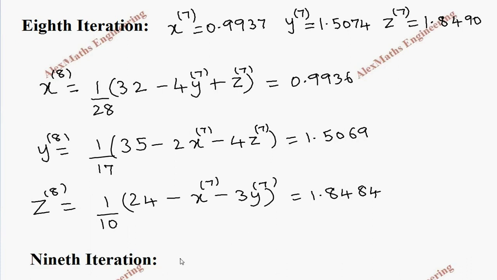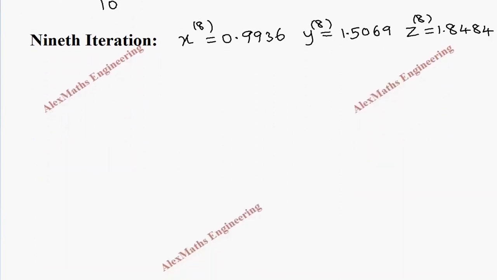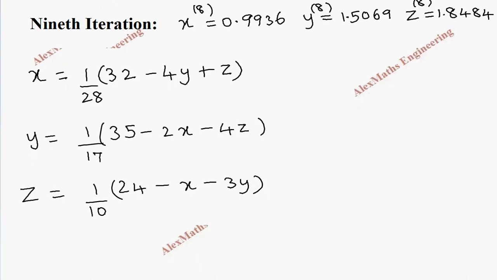So we have to copy all the 8th iteration values. After copying this, we have to take the equations, and since it is the 9th iteration, we have to write x of 9, y of 9, z of 9, and we are going to use the 8th iteration values.